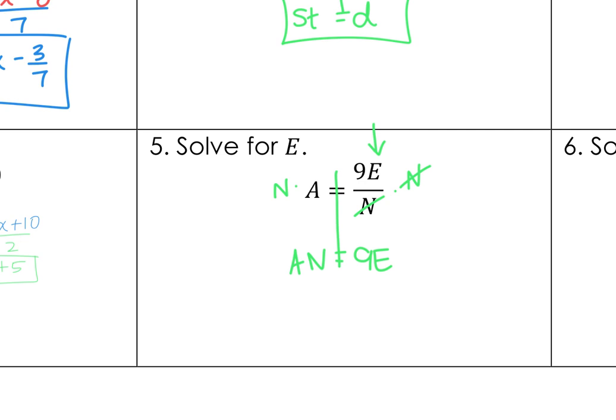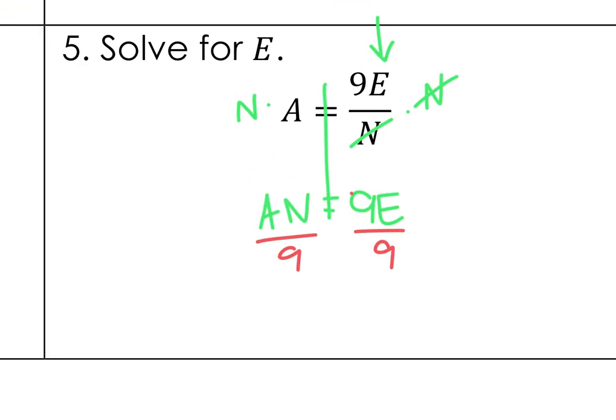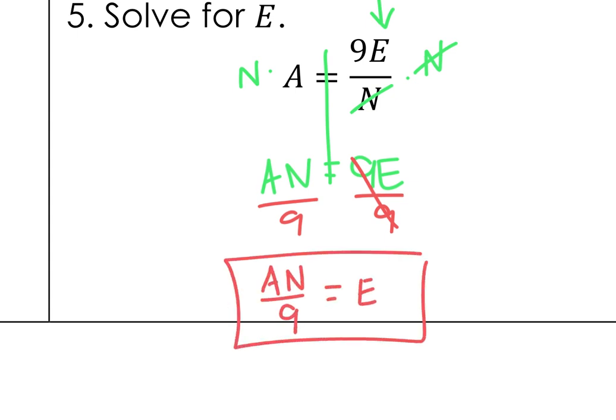That means 9 times e. So I need to do the opposite of times, which is to divide. So then I divide by 9. So I have a times n divided by 9 equals e. Just like that. No math to be done. Just moving things around using those inverse operations. That's why I always say, ask yourself what's being done and then undo it.